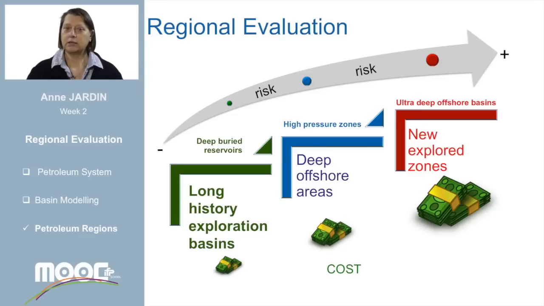These reservoirs range from deep-buried reservoirs in extensively explored basins, through high-pressure reservoirs, which make the drilling very risky in deep offshore basins, to ultra-deep offshore basins with a water depth of more than 3.5 kilometers, which are the most promising areas, but which also have the highest risk and costs.